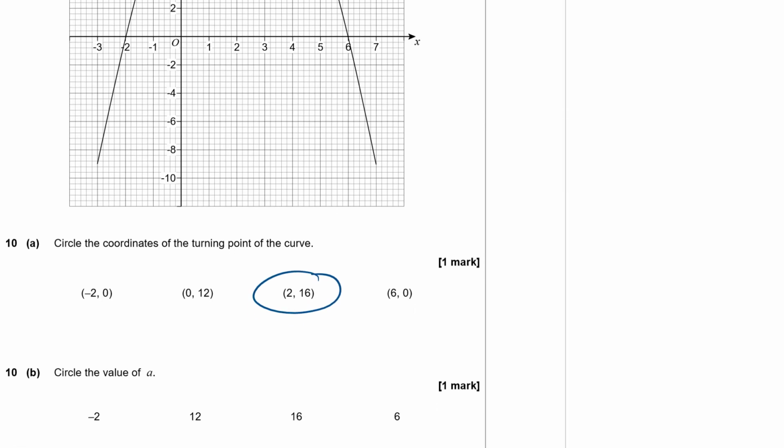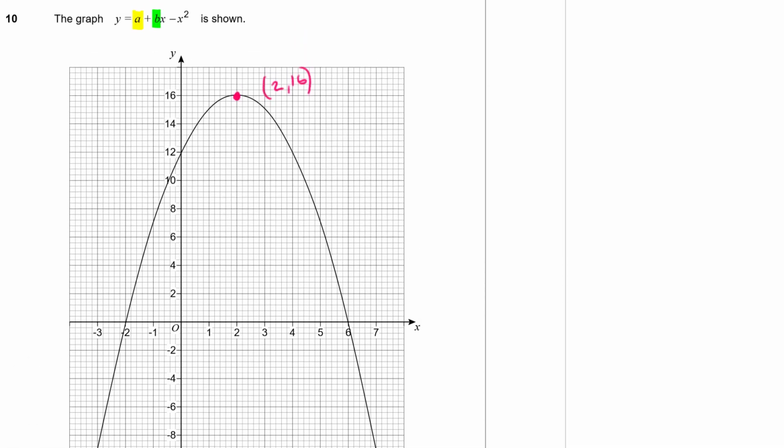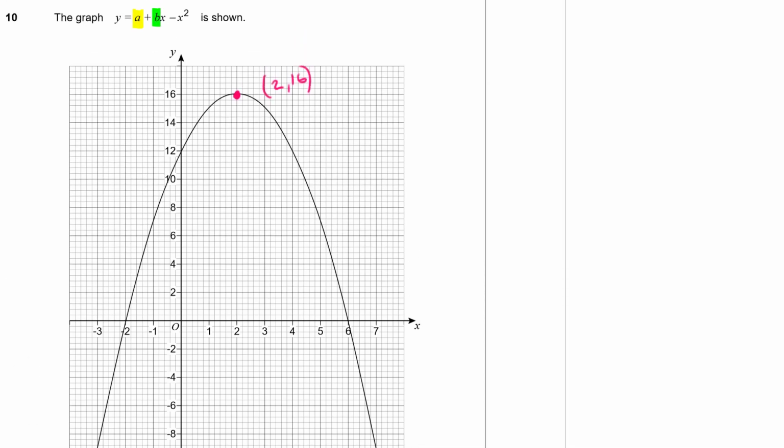Next it asks to circle the value of a. Now coming back to our partial formula or equation for the curve, y equals a plus bx minus x squared. Now a is the constant. In other words, it's the y-intercept of this graph. So we can find a by looking at where the curve meets the y-axis, which is this point here.